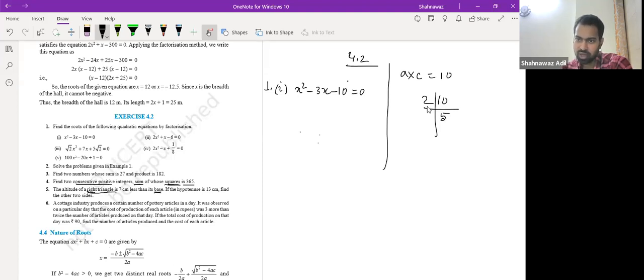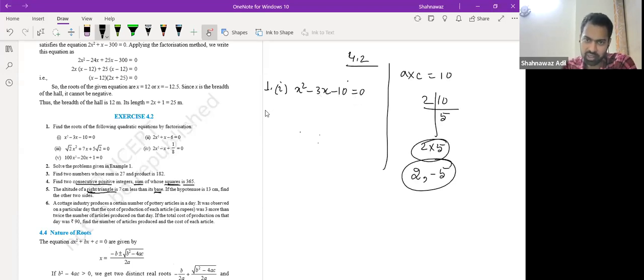The combination should give us minus 3, right? So how can we get that? We can get it by 2 and minus 5, as you said. 2 into minus 5 gives minus 10.